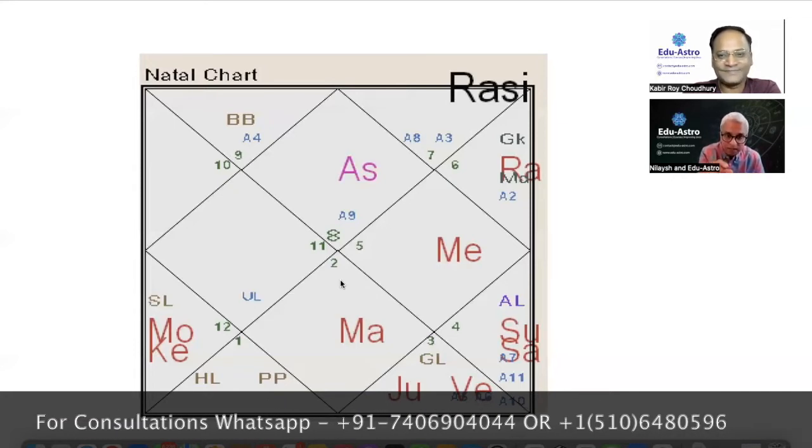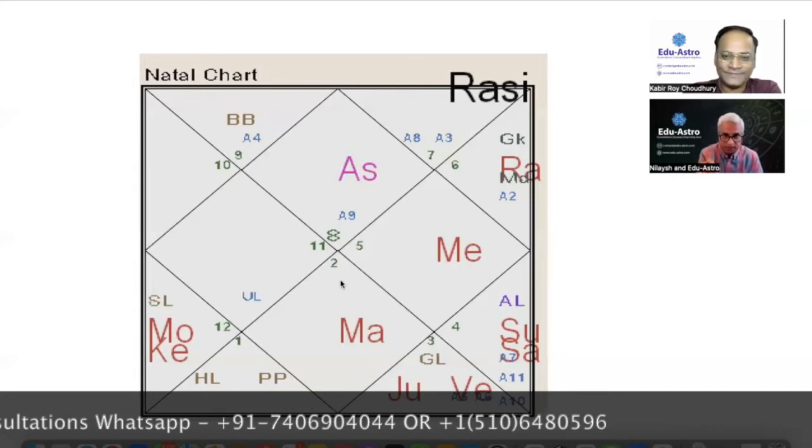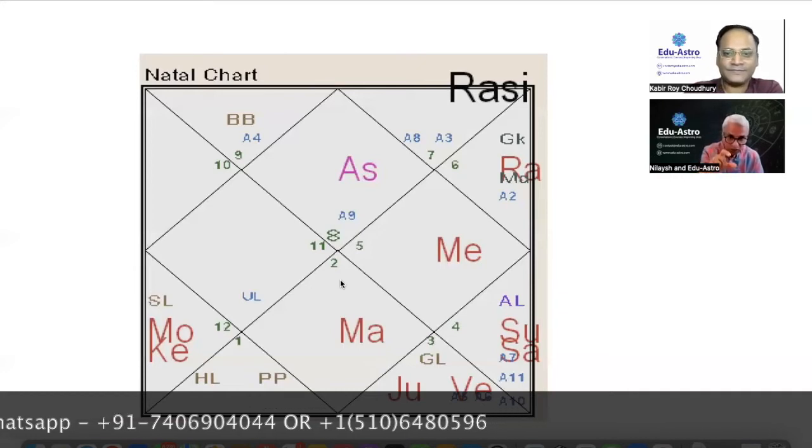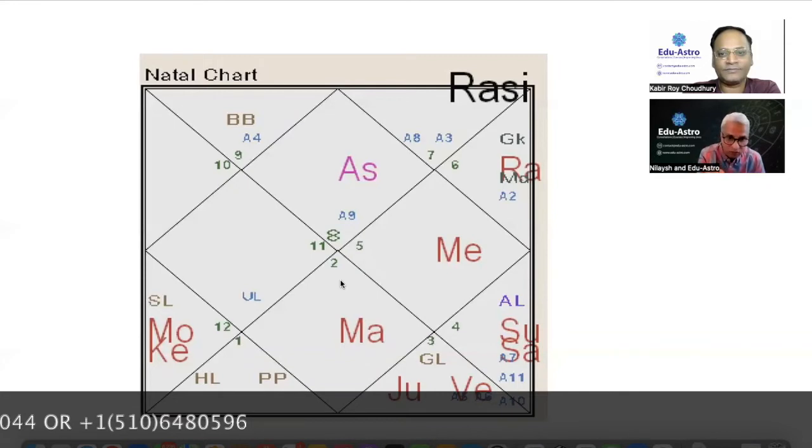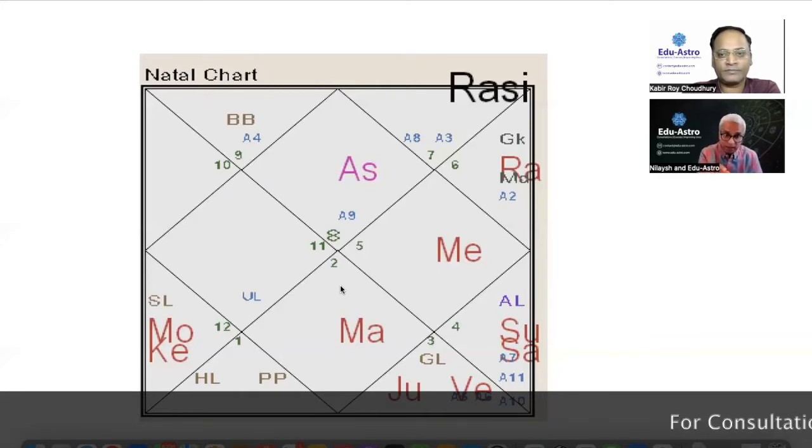Here I'm mixing the Rashi and planet, the house signification and the planet in that house. So one can say that the spouse's nature is adamant, headstrong, courageous, aggressive.